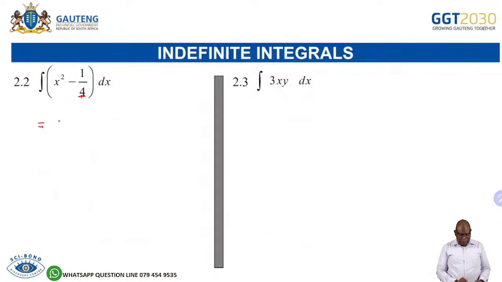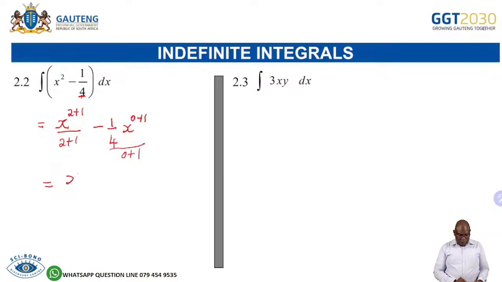Then from there I integrate that x squared plus 1 over 2 plus 1 minus, so I integrate each and every one of that, like you're differentiating. So 1 over 4 is a constant, so it's the same as x to the power of 0, which is the same as plus 1 all over 0 plus 1, right?